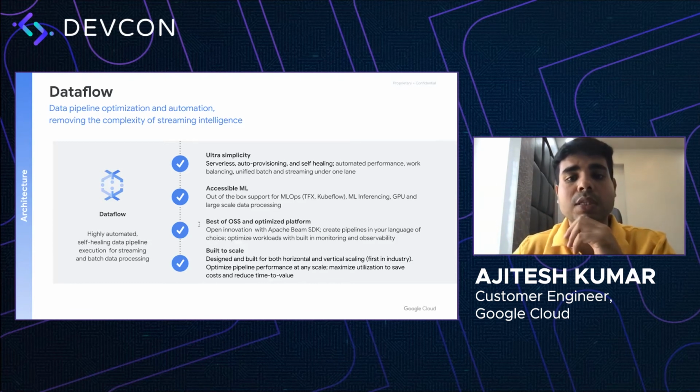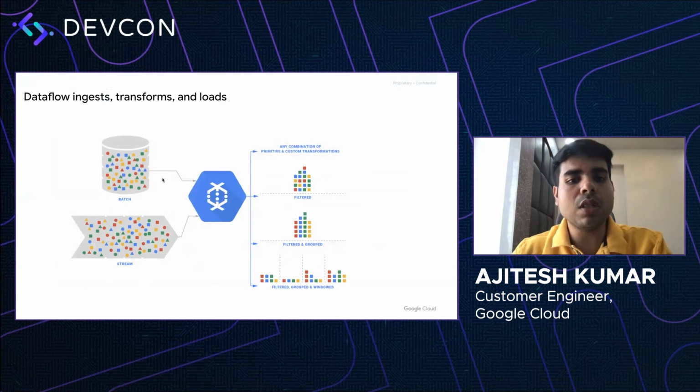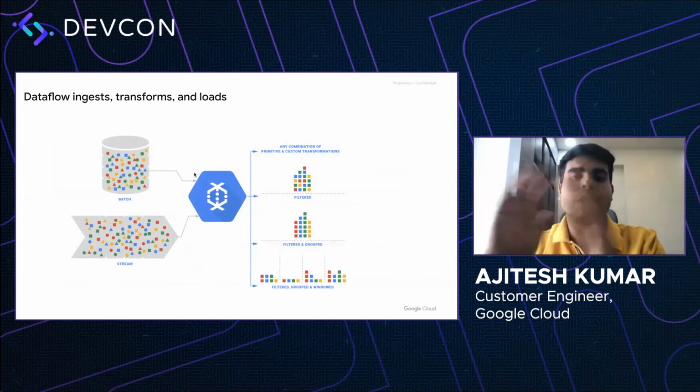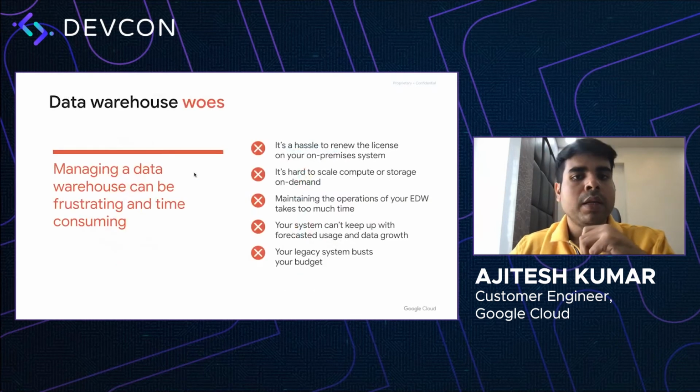So that's where it's widely efficient as well. Now, if you see in the diagram, you can replace all the various data handling tools with just Dataflow. So take out multiple tools and just bring in Dataflow, which would serve all your purposes. And in the end, I'd say Dataflow is NoOps, so it's all serverless.